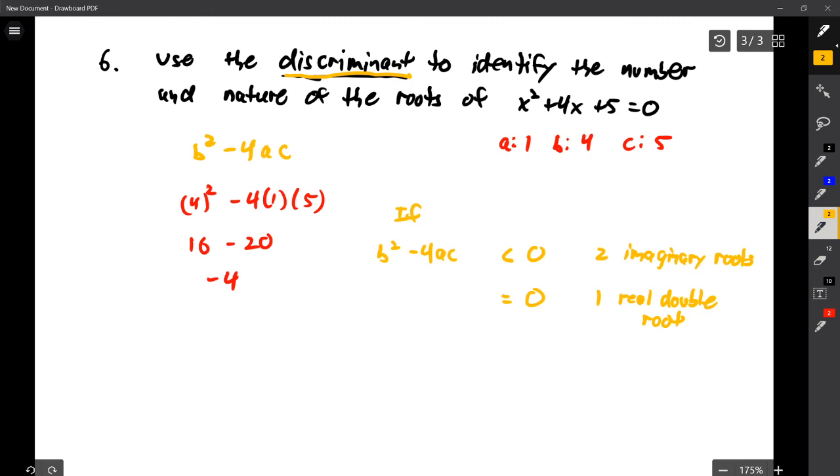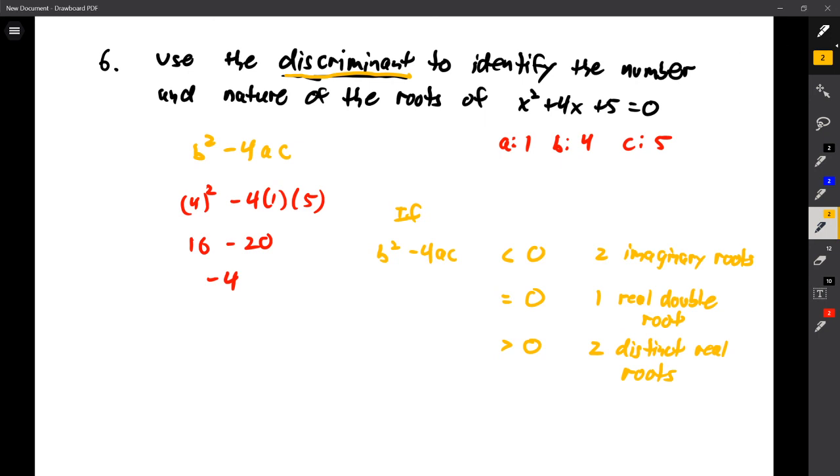And finally, if b squared minus 4ac is greater than 0, so what's inside the square root is some real number, we have negative b plus something and negative b minus something. That gives us two distinct real roots.